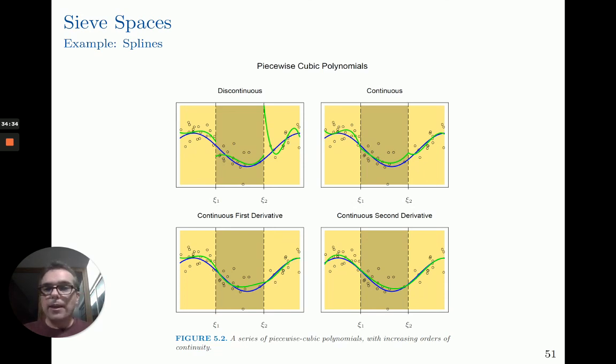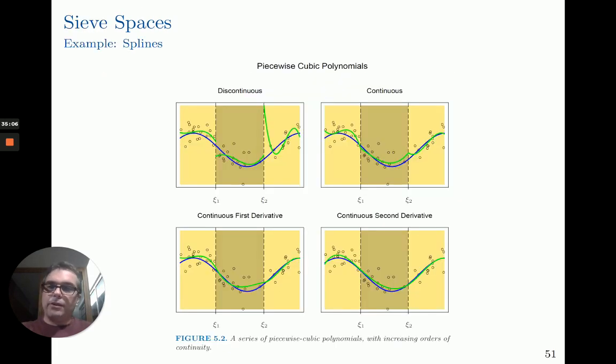Still not too smooth, so we can impose more restrictions, like restrictions on the first derivative. In the bottom left panel, we have a cubic polynomial where we impose that the overall function has a continuous first derivative. And the last one, which is the best fit, imposes that the second derivative is continuous as well.